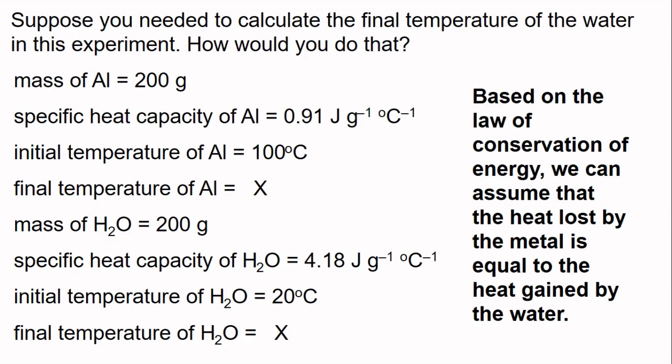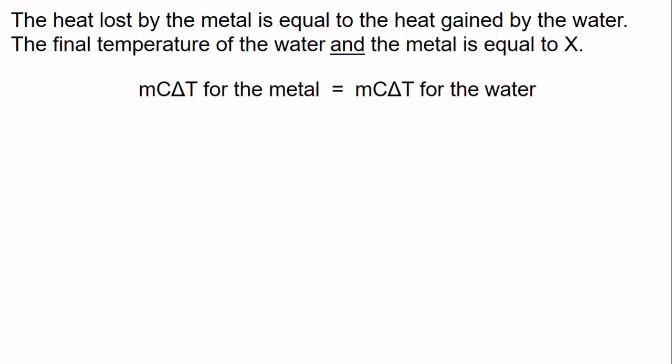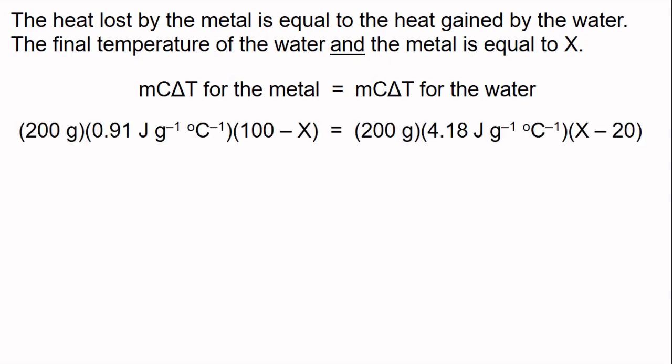Now it becomes a simple algebra problem. So the mc delta T for the metal is equal to the mc delta T for the water. We'll plug in all the information we know. The delta T is written as a positive value. So I wrote 100 minus X, and I wrote X minus 20.